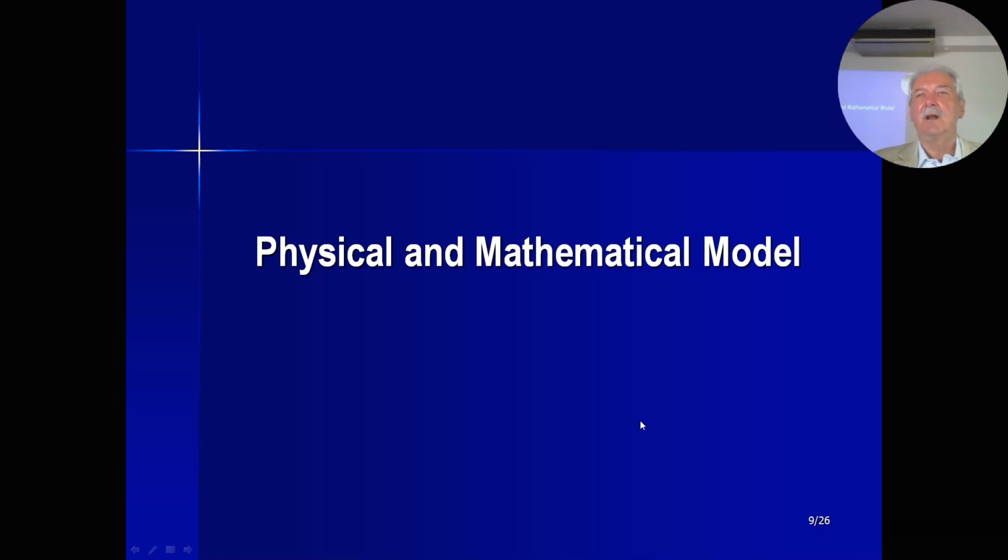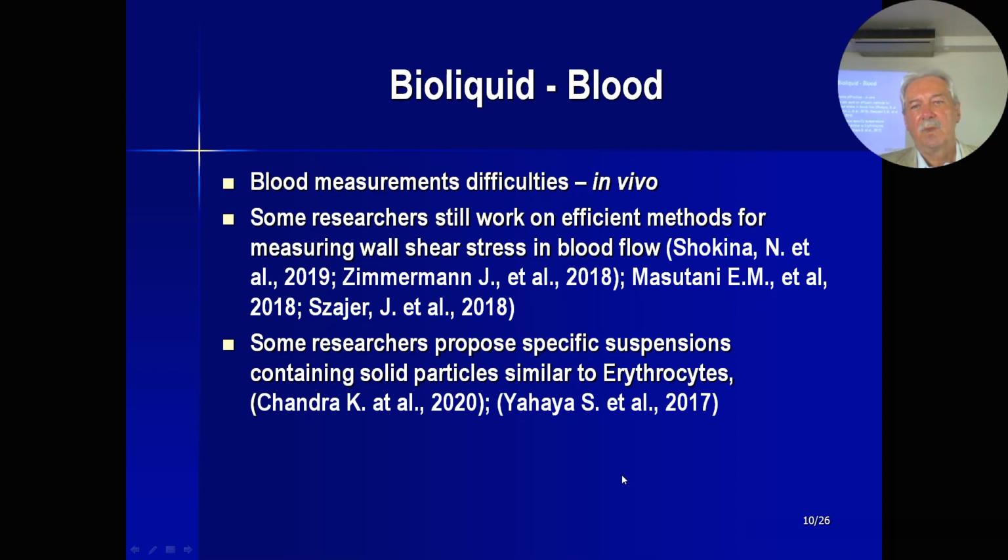Let's talk about the physical and mathematical model of this kind of flow. I assume that this is a bioliquid. I don't call this exactly blood because there are some assumptions. This bioliquid is similar to blood, but it is not exactly blood.